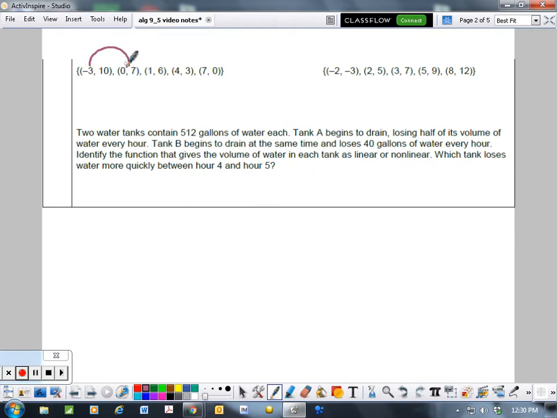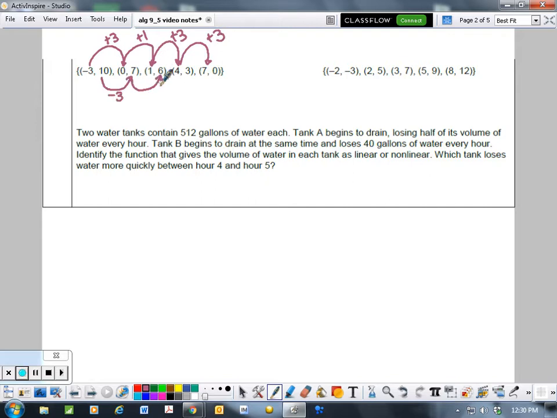So it looks like I'm adding 3, I'm adding 1, I'm adding 3, I'm adding 3. Okay, so now let's look at those y's. So now I am minusing 3.